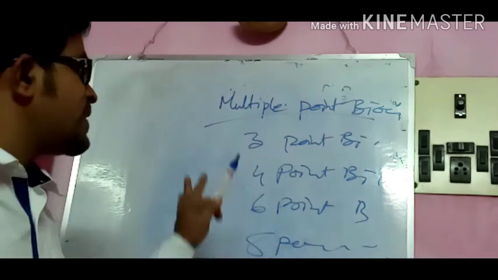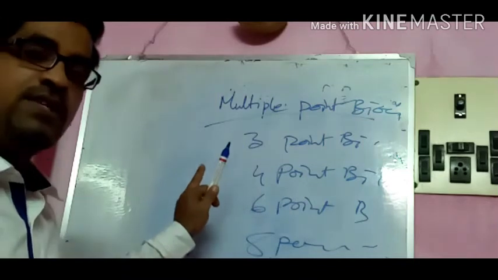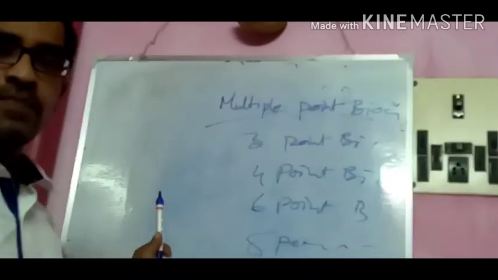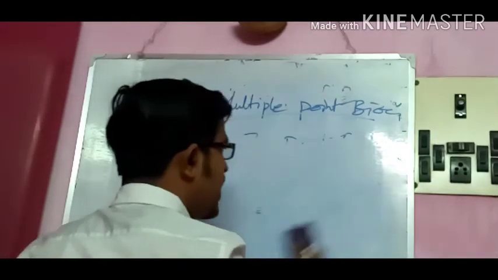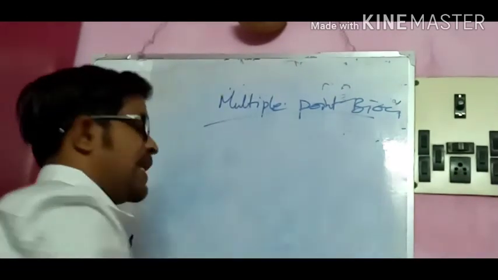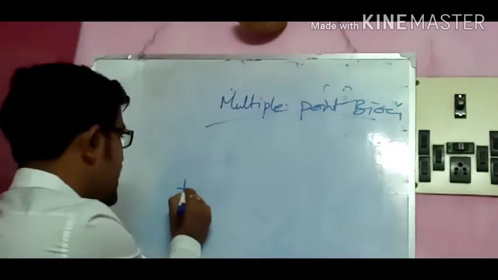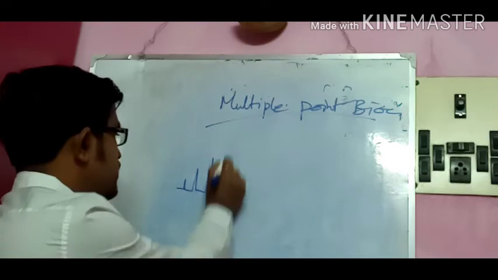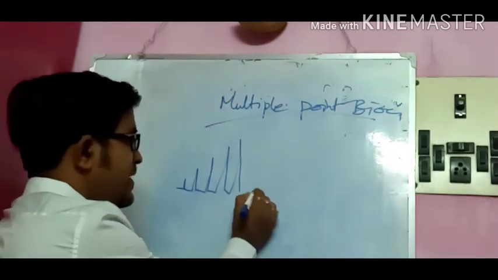For that, I'll take the best example, 3-point bioassay, because as per your syllabus this is also there, so you have to know it. The 4-point bioassay you can easily understand, and 4 and 6-point I will also tell you. Remember that here also you have to take a standard DRC, and next you have to take a test DRC.